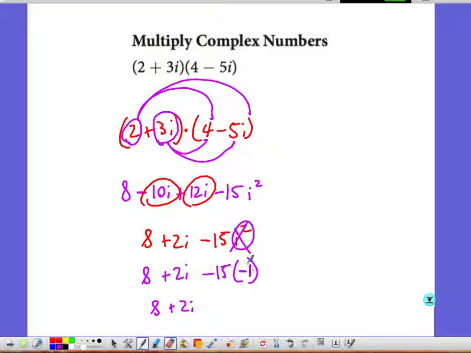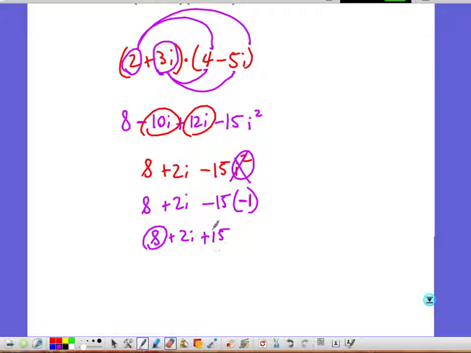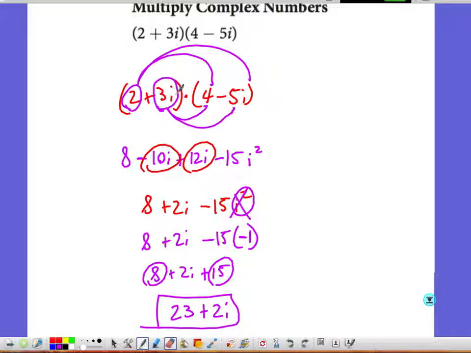Negative 15 times negative 1 basically becomes positive 15. 8 plus 15, do a little bit of math, that's going to be 23. 23 plus 2i. So whenever you multiply complex numbers, you're not always going to get i squared, but most of the time you're going to get i squared, and you have to remember that i squared is equal to negative 1.